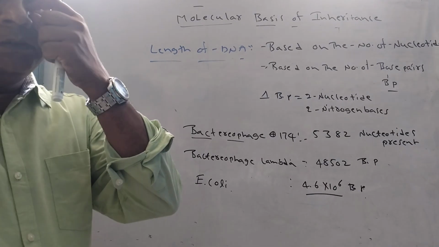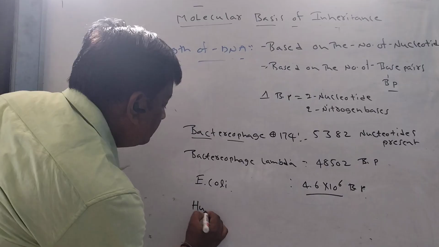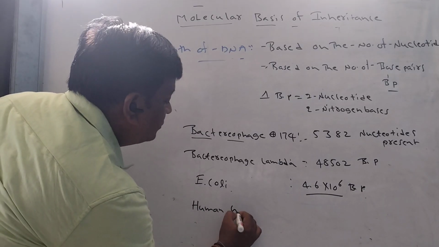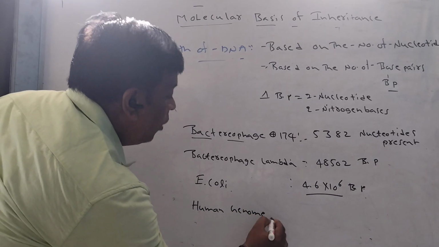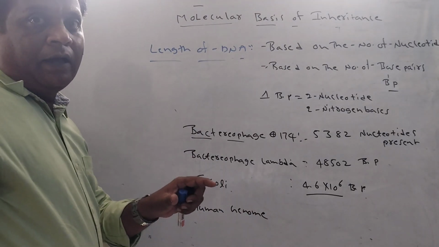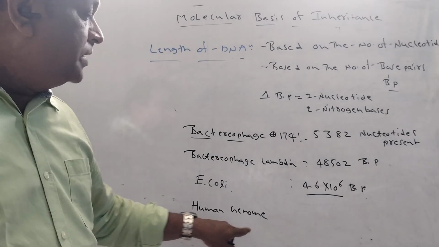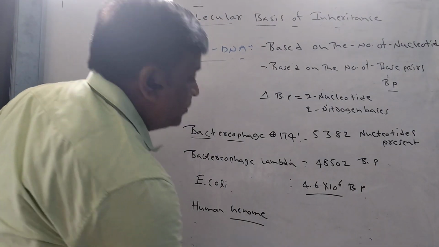And for example, we can take the human genome. If they mention genome, it means the haploid DNA content, right? We cannot consider the 46 chromosomes; genome means the haploid number, 23 chromosomes only.